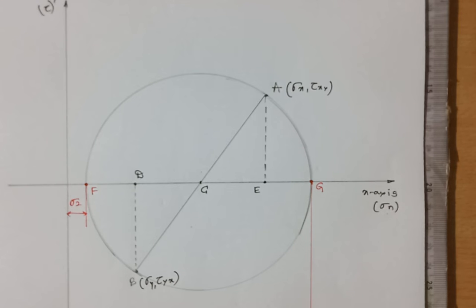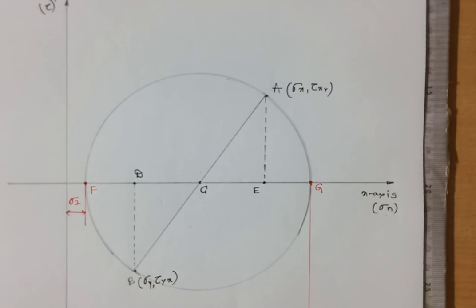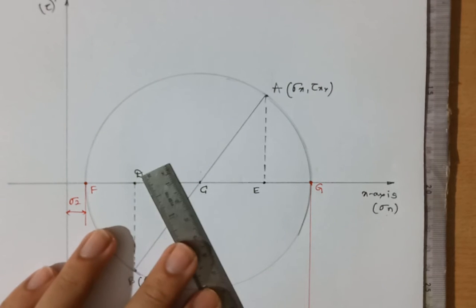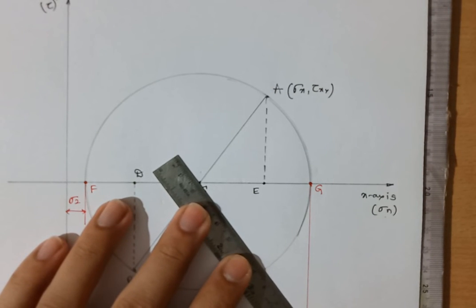So at this point, from this plane, I need to mark a plane which is at an angle of 2 theta with respect to A, right? Let us assume that the angle comes somewhere over here.